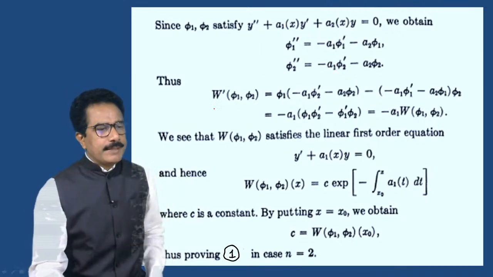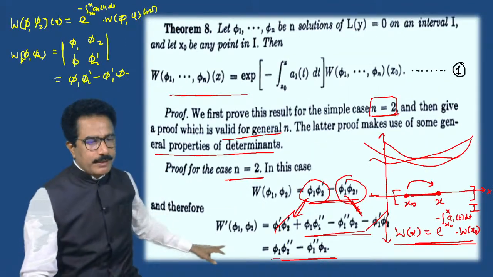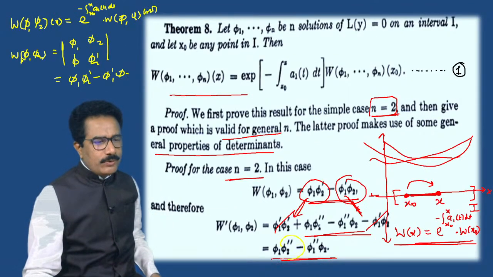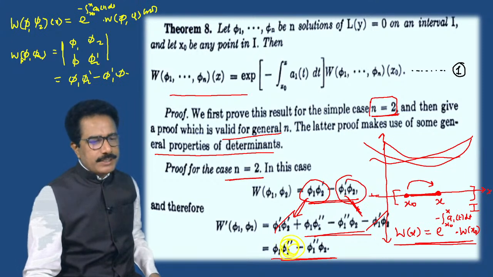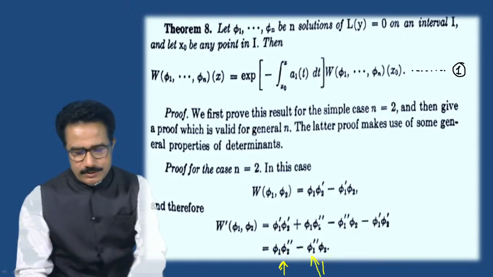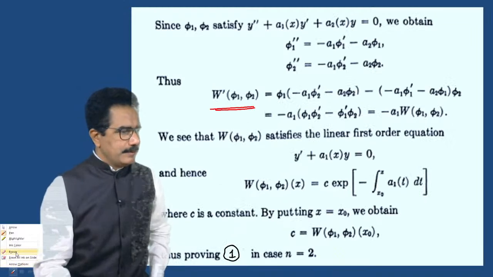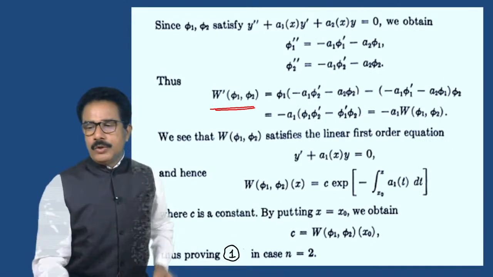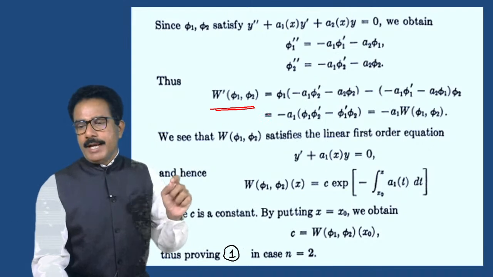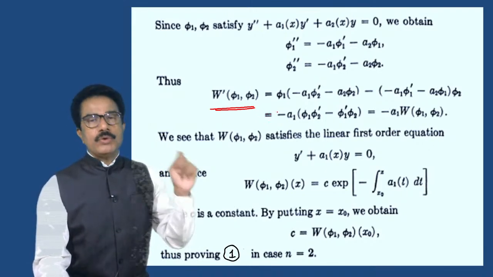So we get the Wronskian dash equal to: replace this value in place of phi2 double dash here, and replace this in place of phi1 double dash. So we get the relation. Don't write along with me, you can write this after the completion of the lecture. Slowly you can write.